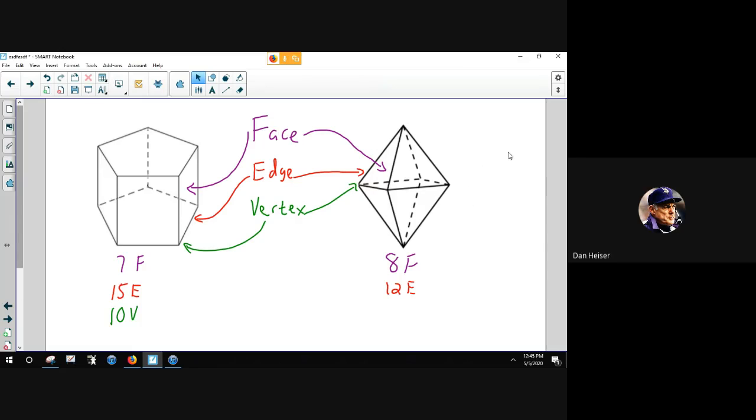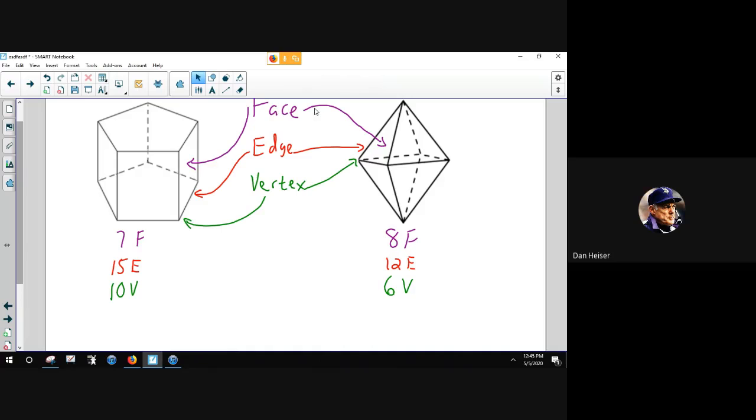Looking at this figure, I've got 1 vertex, 4 here, and another 1 here. There's a total of 6. Faces, edges, vertices. Every polyhedron has those 3 things.